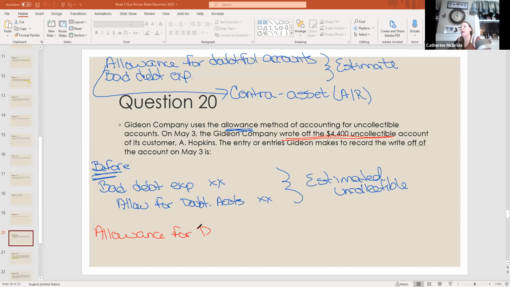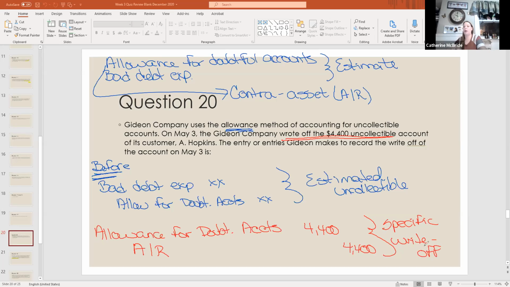It's almost like, oh, I guess that wasn't one of the ones. We're going to take it out of the allowance for doubtful accounts, and we're going to take it out of accounts receivable. We'll write off the account. But you don't record bad debt expense because you recorded that when you estimated it. Which is kind of interesting.